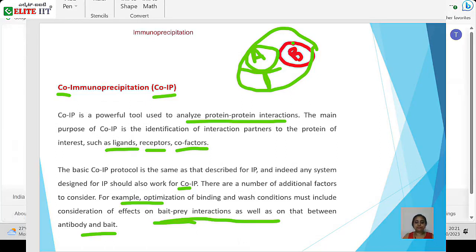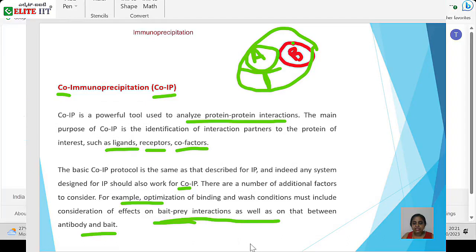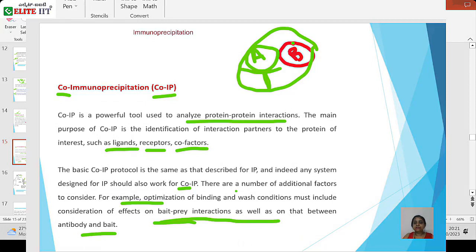Two-hybrid assay, checking for interaction between two proteins, called here bait and prey. This is protein-protein interaction, nothing else. So you don't have to think about it.